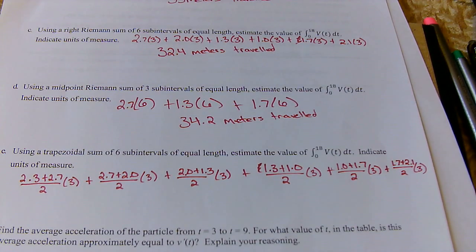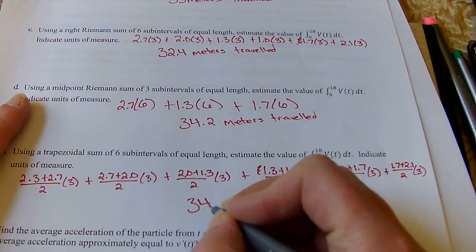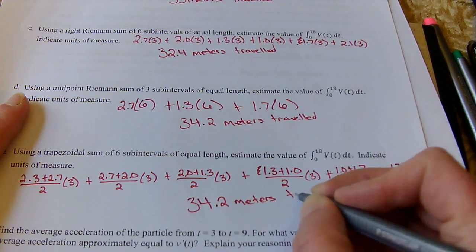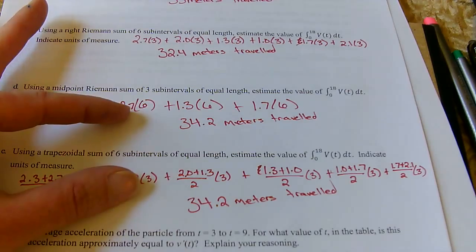So they don't want to see all your arithmetic. That can be done in the calculator. And I end up getting 34.2 meters traveled. So both of these were pretty good.